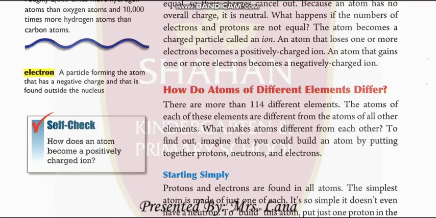And how does an atom become positively charged? An atom that loses one or more electrons becomes a positively charged ion. Okay? This is the answer.